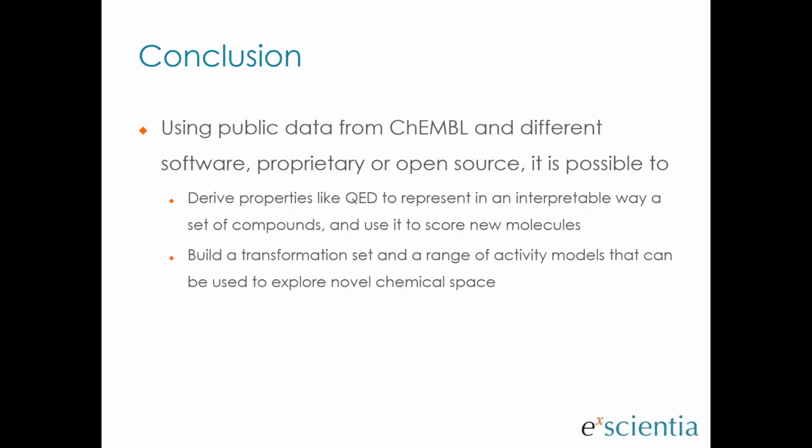It can be drugs, oral drugs, topical drugs, or just active in an assay, phenotypic or binding, and can be used for scoring new molecules, but also scoring your screening deck and which compounds you want to test in your assay. We can also build transformation sets and a range of activity models, could be for your primary activity or your anti-target, that can be used in combination to explore new chemical space and help you in making your next compound.